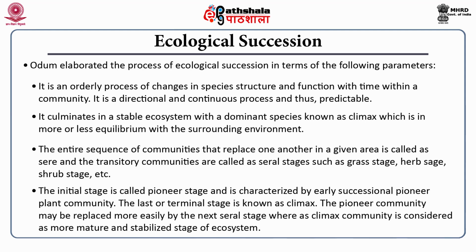The last or terminal stage is known as climax. The pioneer community may be replaced more easily by the next seral stage, whereas the climax community is considered a more mature and stabilized stage of the ecosystem.